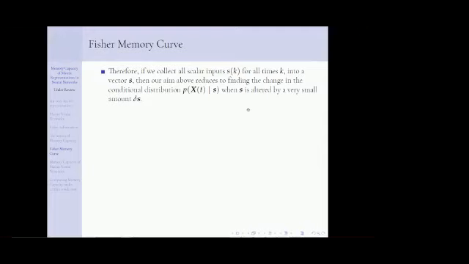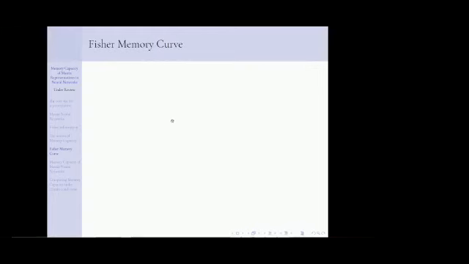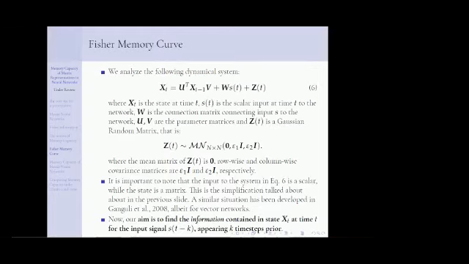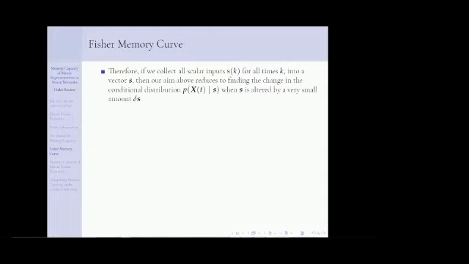If we collect all scalar inputs sk for all times k into a very long vector, boldface S, then our aim, which we define here in the boldface down below, would just reduce to finding the change in the conditional distribution of xt given all these inputs S, when S is altered by a very small amount.